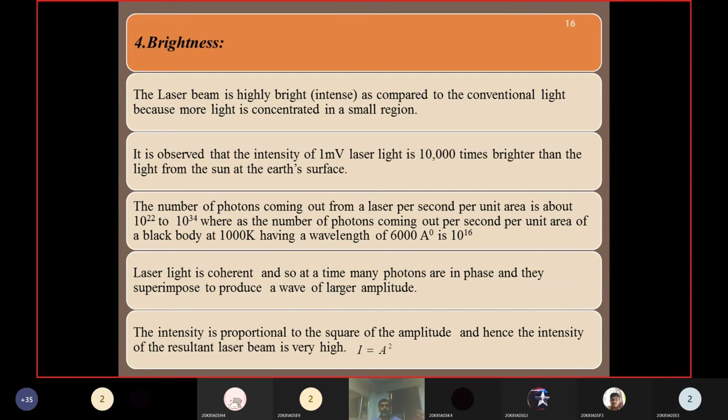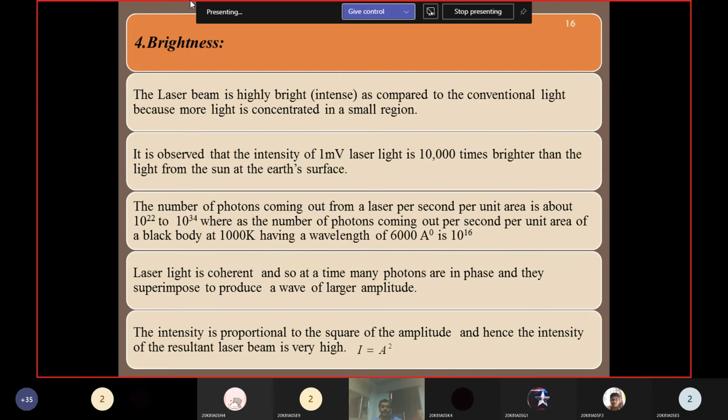So the intensity of the laser light is very high. That's why we say laser lights are very bright.